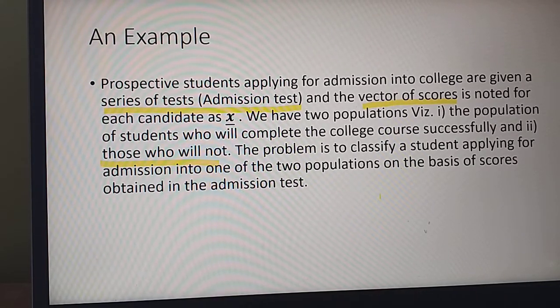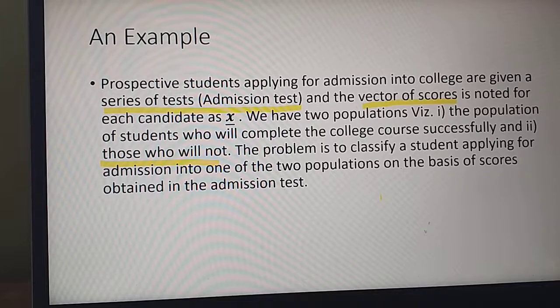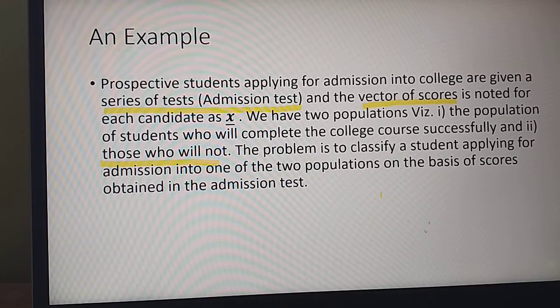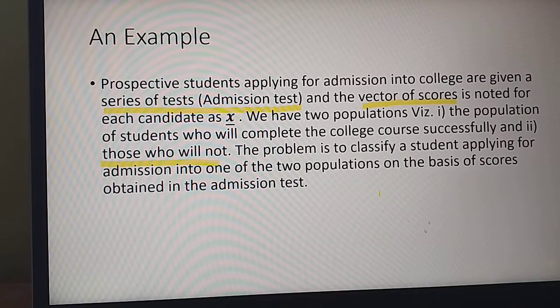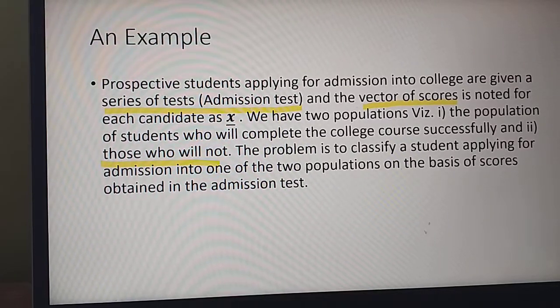So on the basis of those admission tests, we will decide whether to admit or not, because the one who belongs to the first category, the population who will complete the college course successfully, will be admitted, and those who belong to the other population will not be admitted. That is the idea.